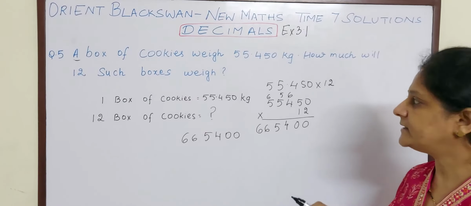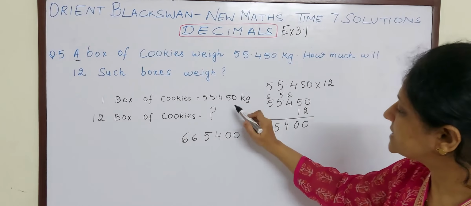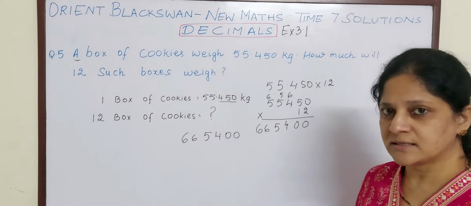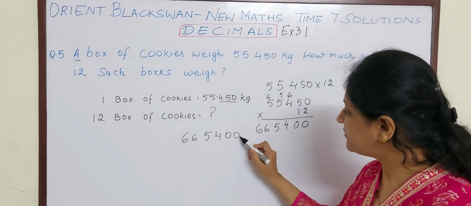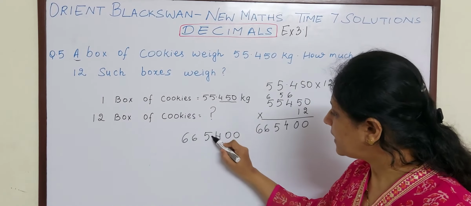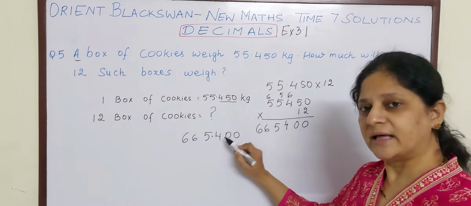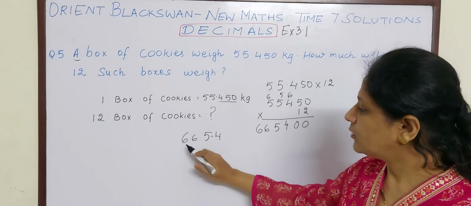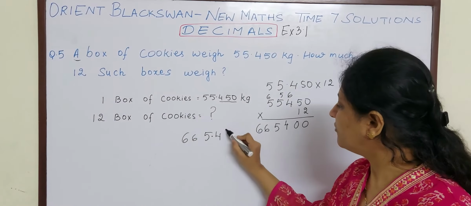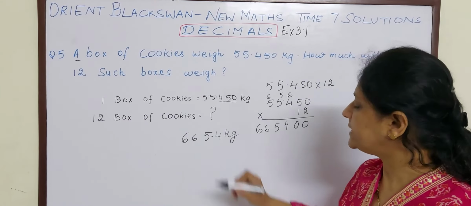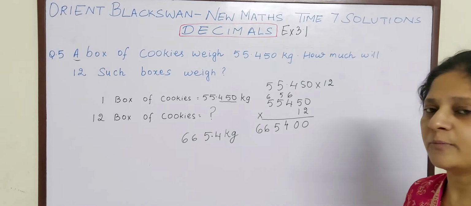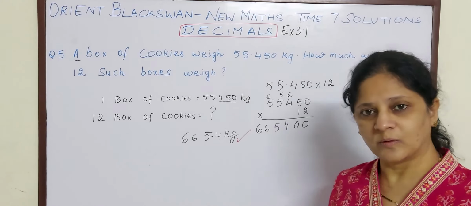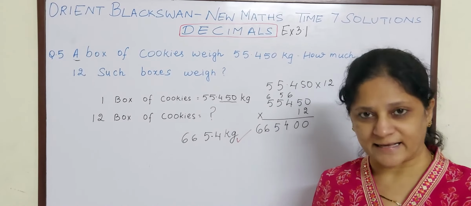Now let us place the decimals. In the question, the decimal is 3 places. So from right to left, 1, 2, 3. So after the point there is a value of 4, but no need of the zeros, right? So your answer is the weight of 12 boxes of cookies is 665.4 kg. Okay children, so let us go to the next sum.